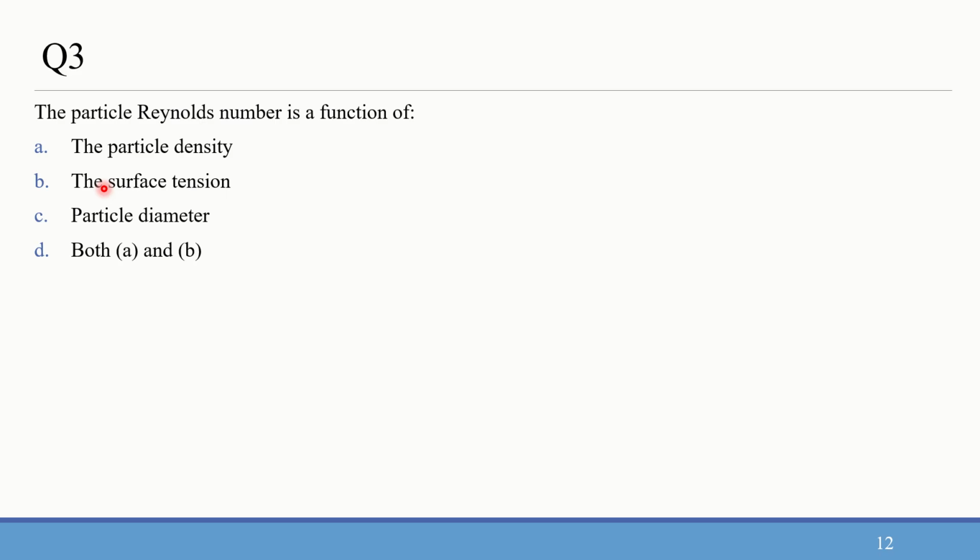Mu again is the viscosity of the fluid. So it is not a function of surface tension, and the answer is option C. It is a function of particle diameter. It is rho V dP by mu. We have one more option, option E, none of the above, but we know that the answer to this particular problem is option C, that is particle diameter.